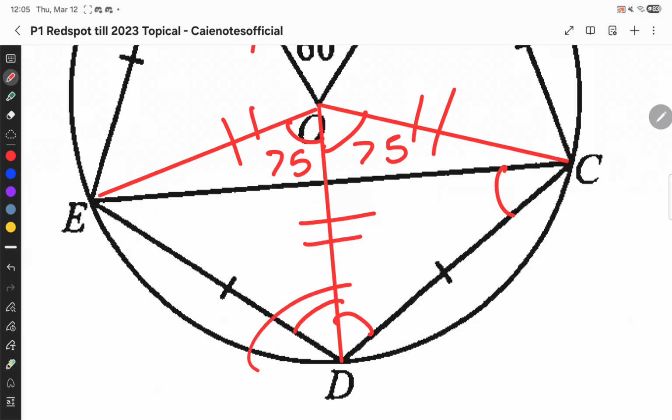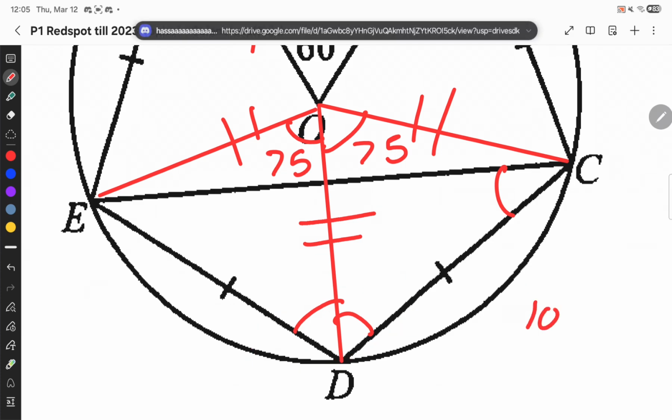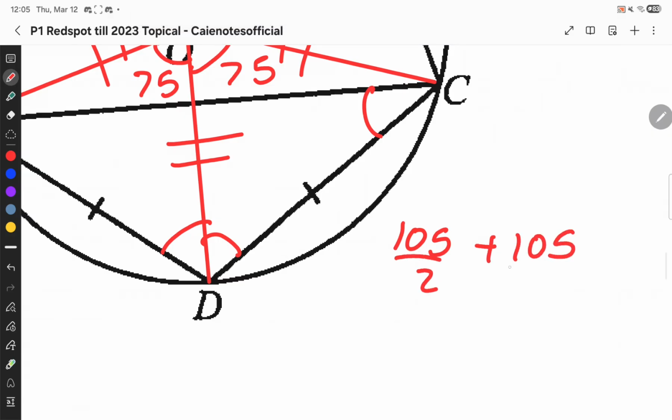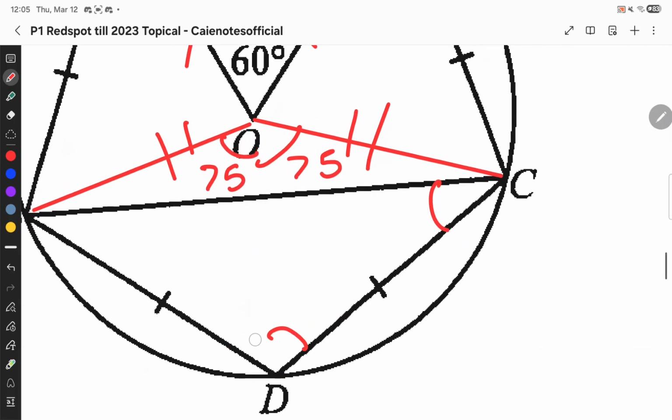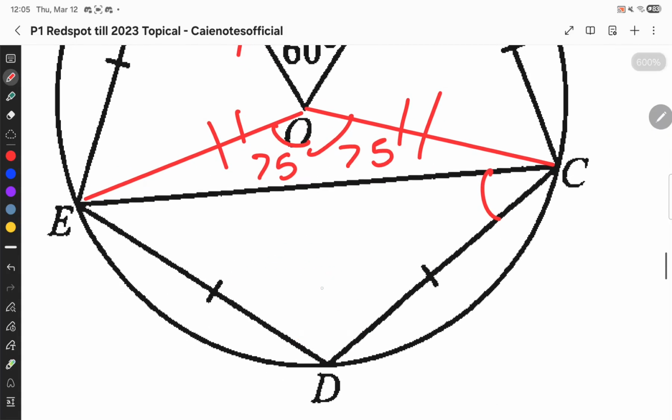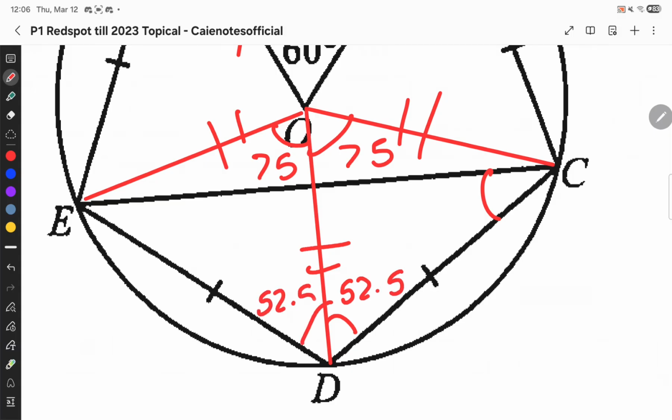And if we add up, this will be 105 plus 105 over 2 over 2. This over 2 cancels, so this ultimately is 105. Okay, watch it again. You may not see this trick anywhere again, probably. We know this will be half of 105, which is 52.5. This is also 52.5.